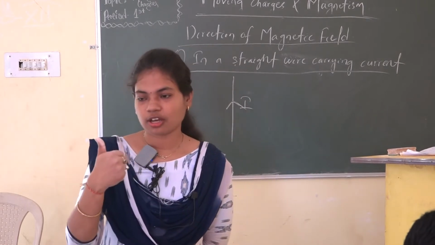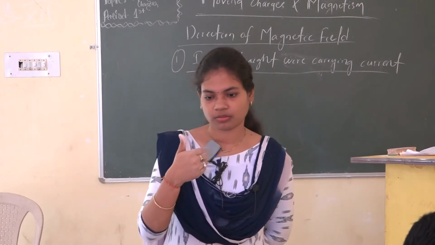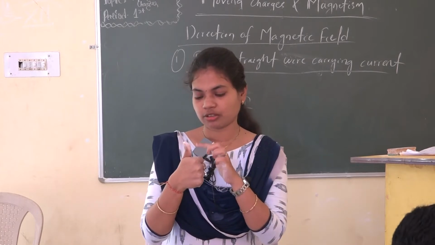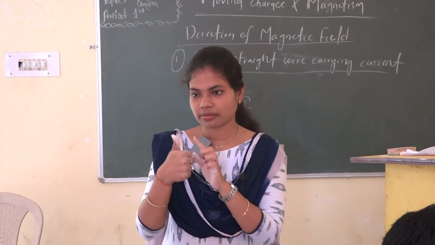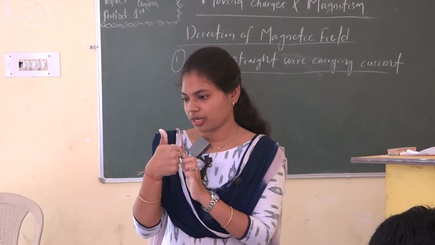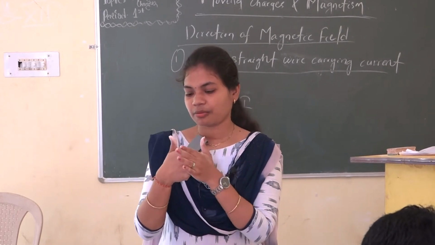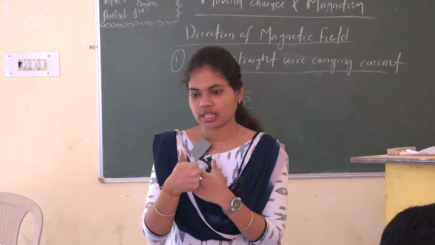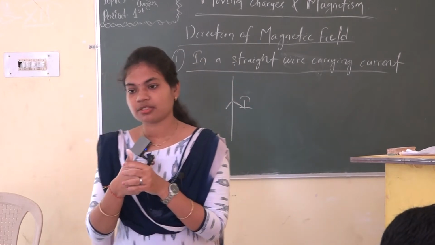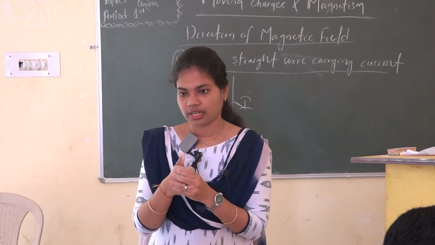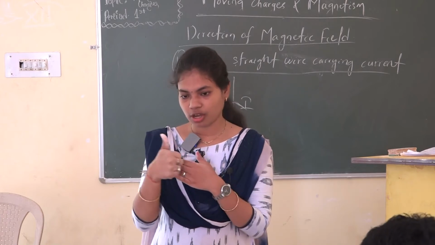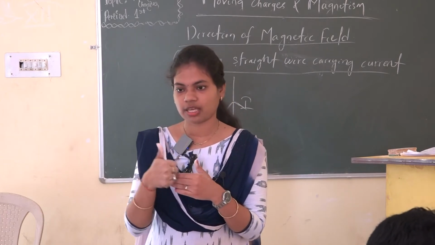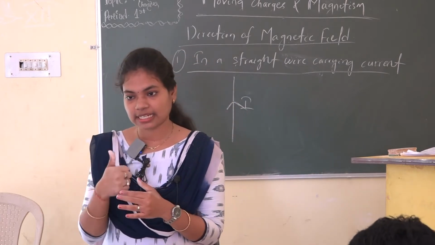The fingers curl around the thumb. The thumb is perpendicular to the fingers. The finger curl around the thumb gives the direction of magnetic field.